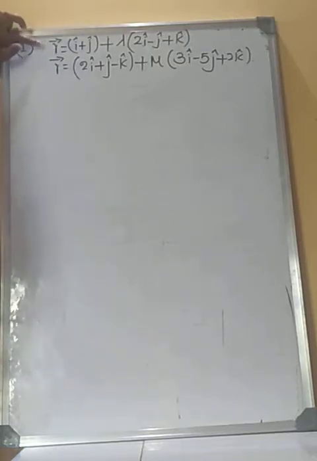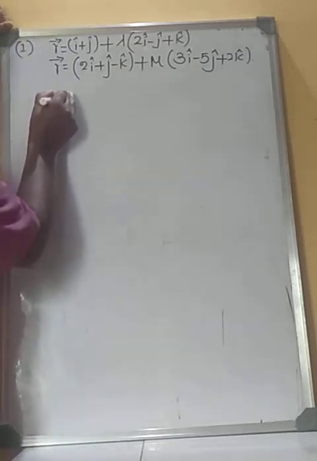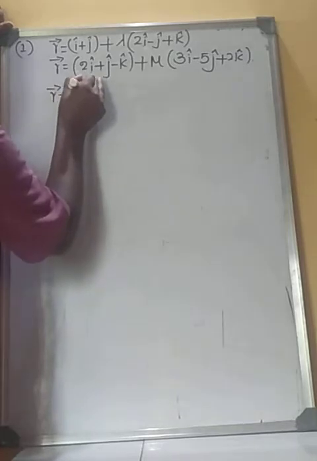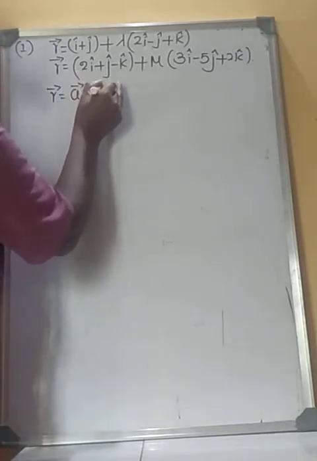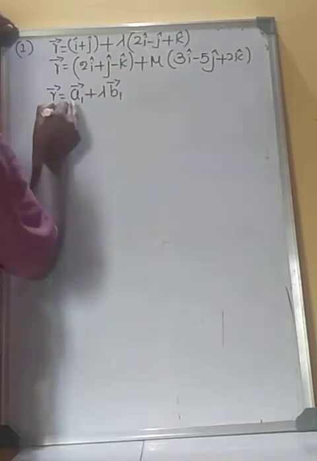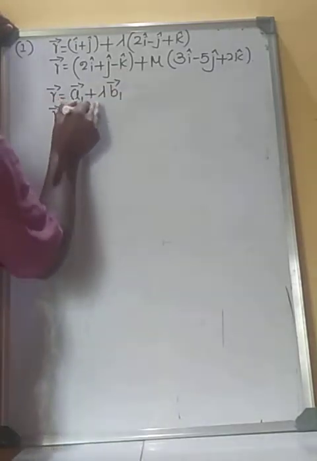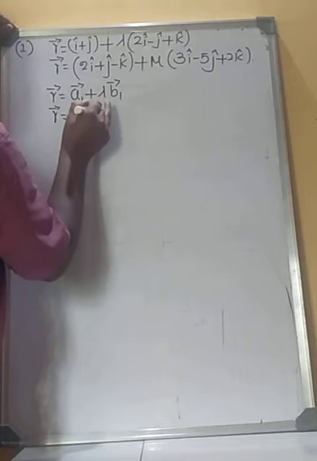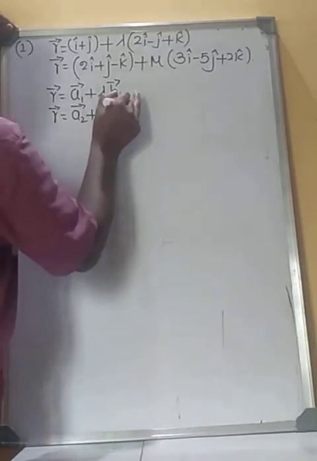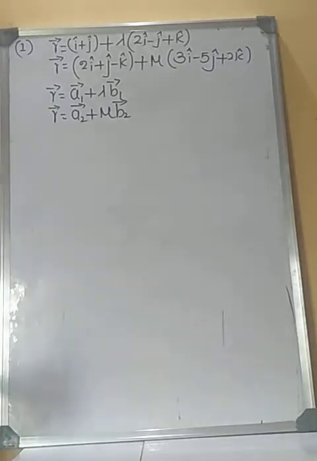The given vector equation is of the form R vector is equal to A1 vector plus lambda into B1 vector, and R vector is equal to A2 vector plus mu into B2 vector.